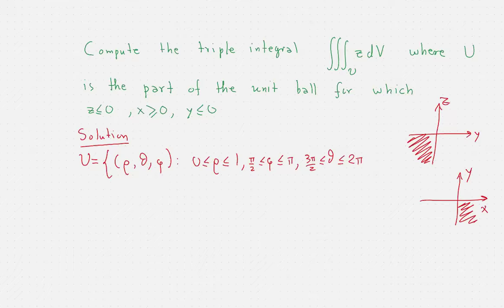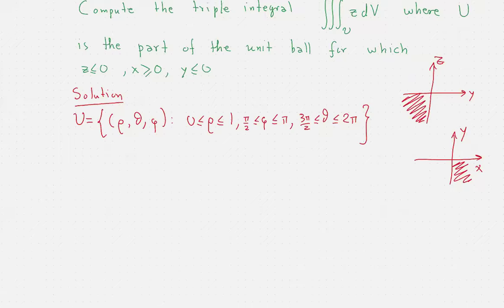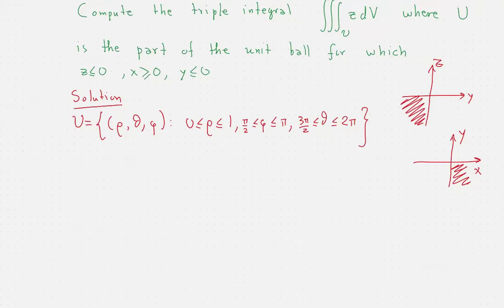So let's begin by putting together the integral. So we will have from 0 to 1 d rho, from 3 pi over 2 to 2 pi d theta, and from pi over 2 to pi d phi.